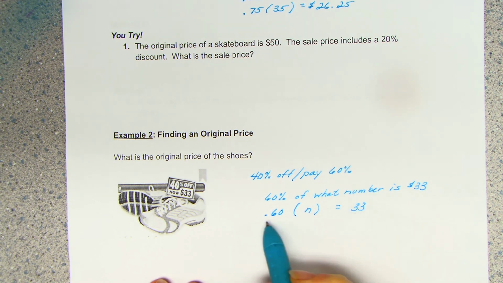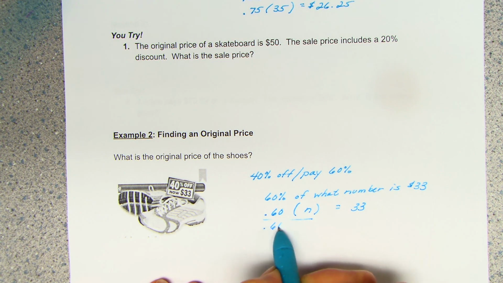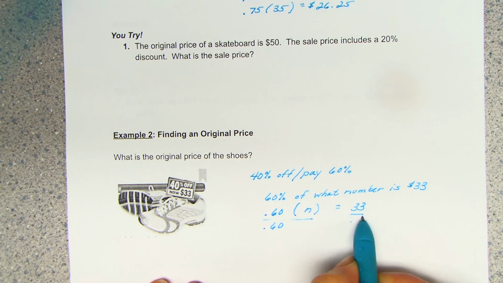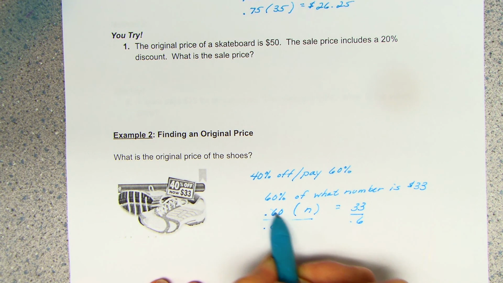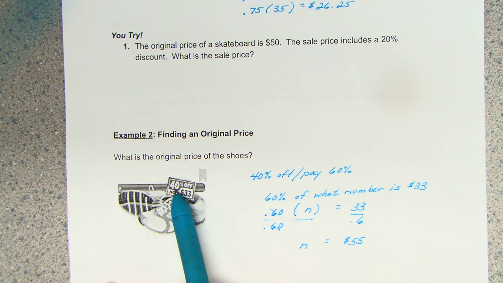And then I solve that equation by isolating n, divide both sides by 0.60 or 0.6. That cancels out. And I have n equals $55. My shoes were originally $55. When they marked them 40% off, now I'm paying $33.